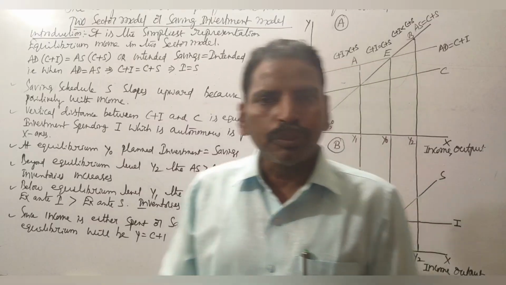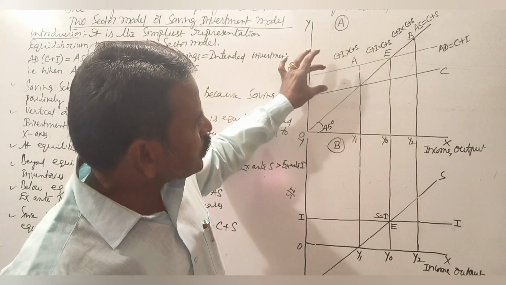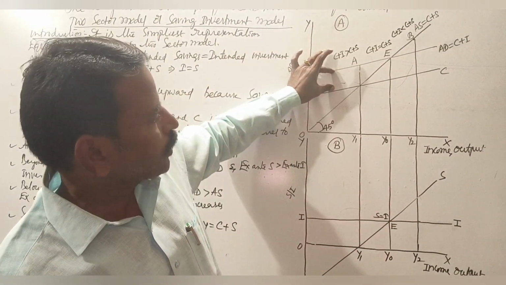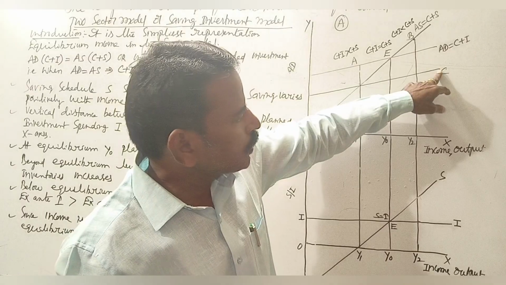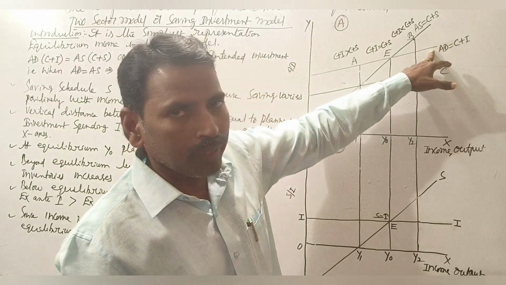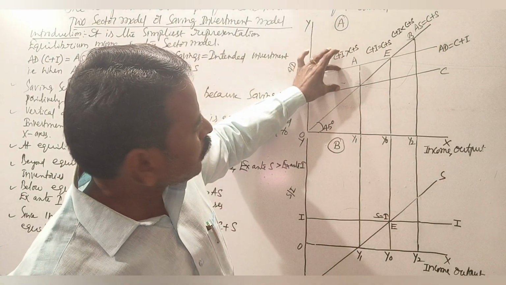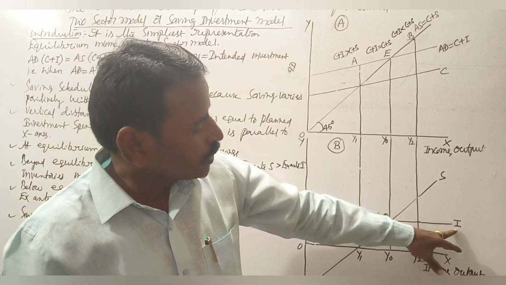So if we observe here, this is the vertical difference. This is C and this is C plus I. This vertical difference is nothing but investment.